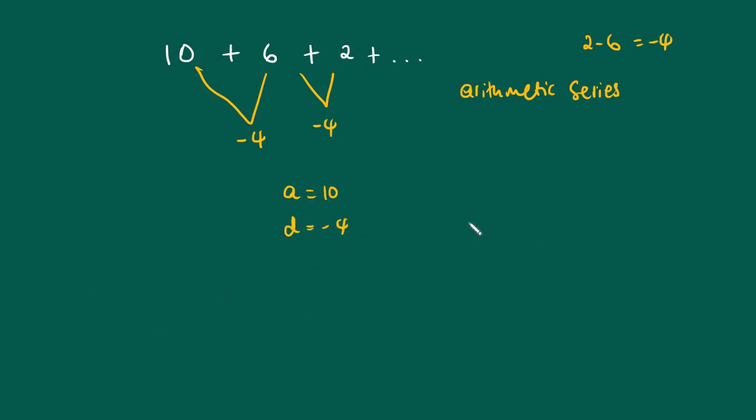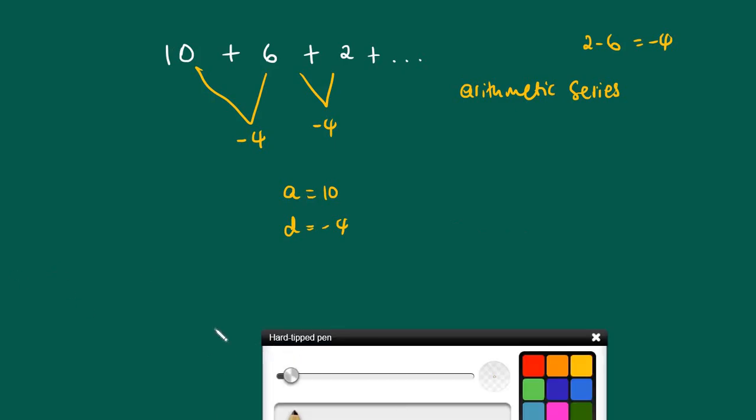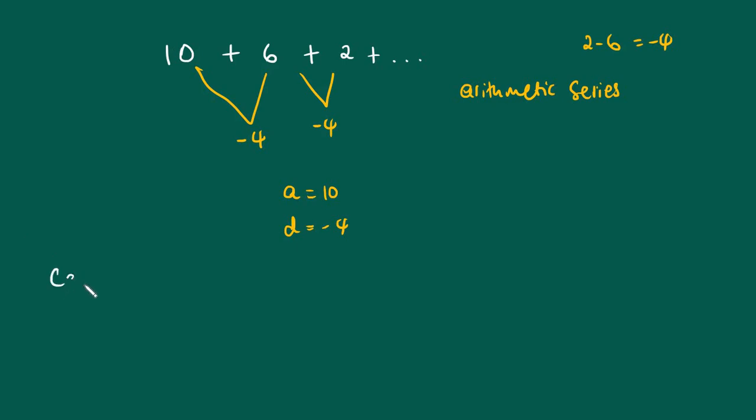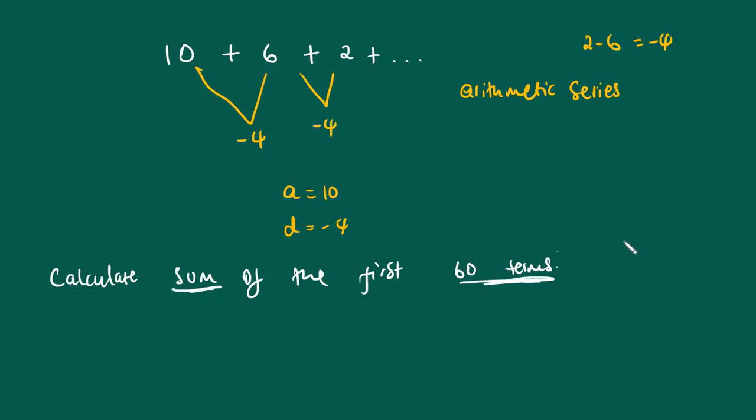So let's say the question says calculate the sum of the 60 terms, right? So to get the sum of the first 60 terms, we know that the fact that they want the sum of 60 terms, that means they are looking for S60.